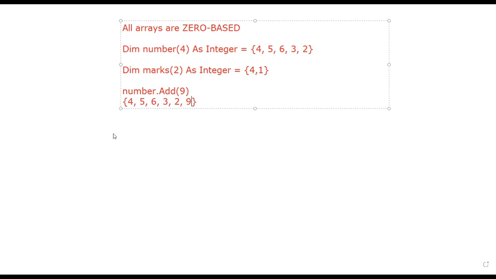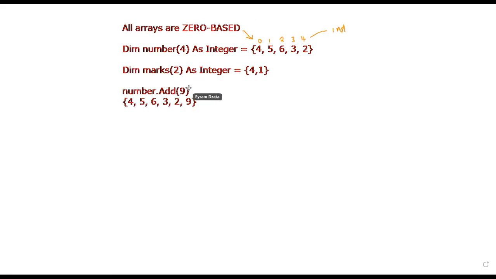So what is happening here is that it's adding an element, 9, to the last position of our list, to the array number. It's adding 9 to the last position. Okay, that's how the add works.